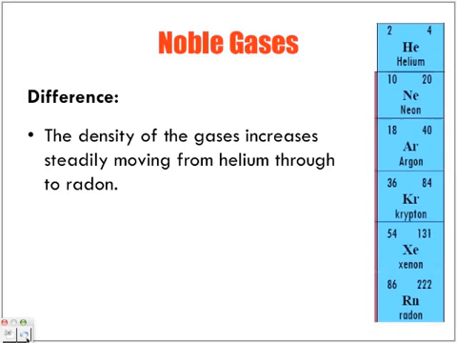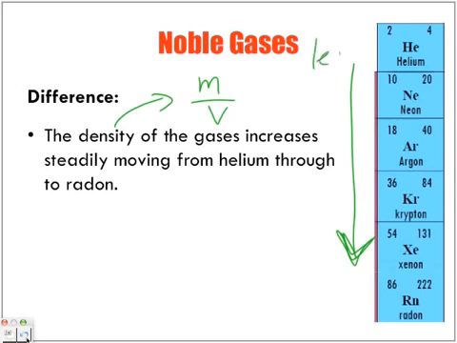As we move down, that rule still applies. As we've talked about previously, density is equal to mass divided by volume. This density is going to increase as we move down, which means the most dense would be lower down here, and the least dense element would be helium.